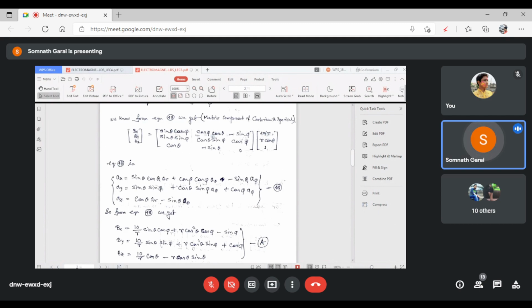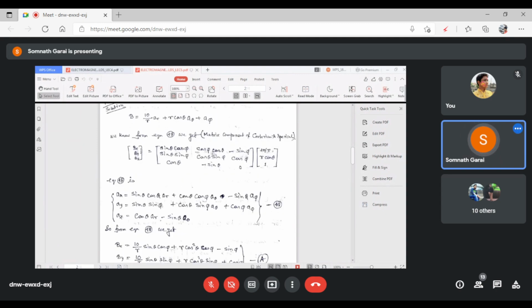From these equations, we form this matrix form. Now, from this matrix form, we determine the Cartesian component of the vector field B.